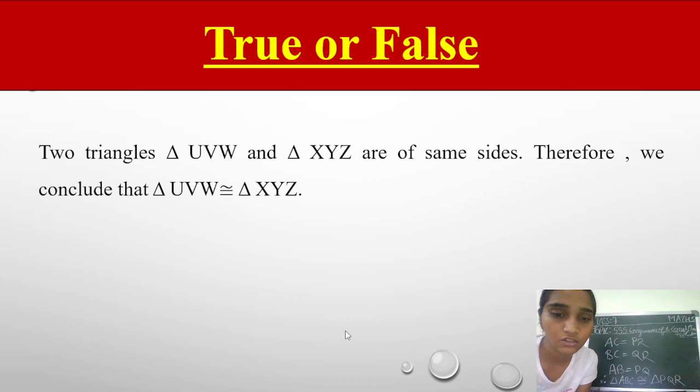Now students, it's your time to answer as true or false: triangle UVW and triangle XYZ are of the same side, okay? So therefore we can conclude that triangle UVW is congruent to triangle XYZ. What is your take on this?